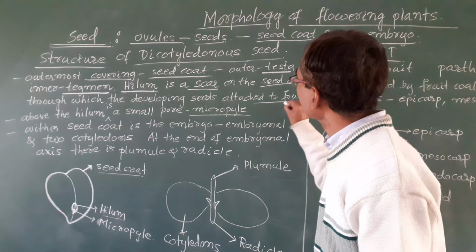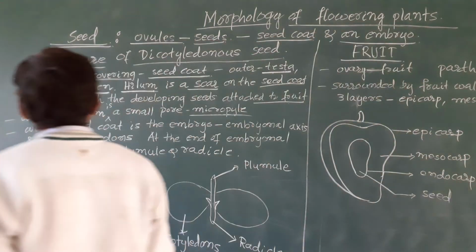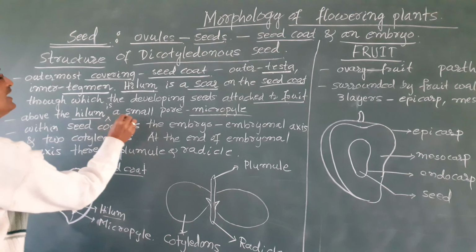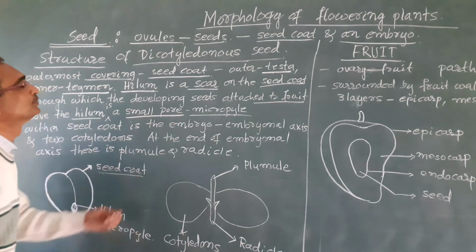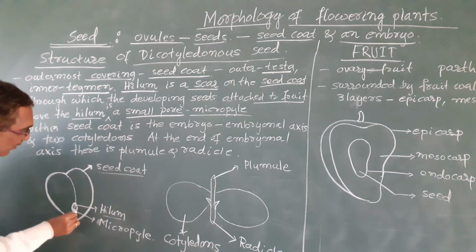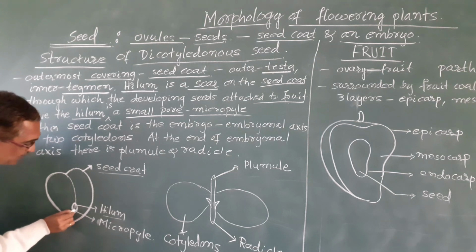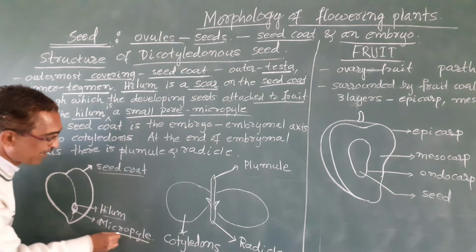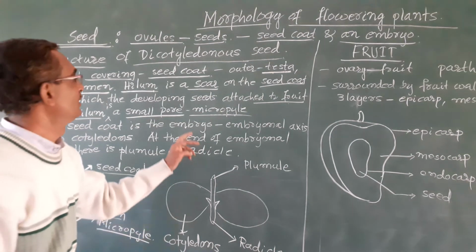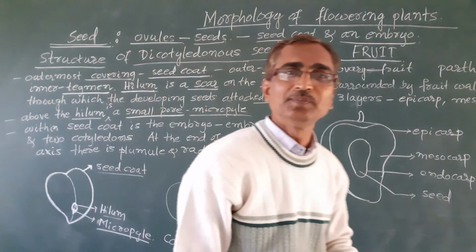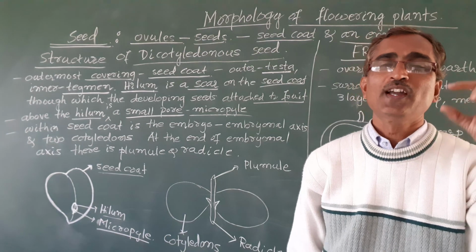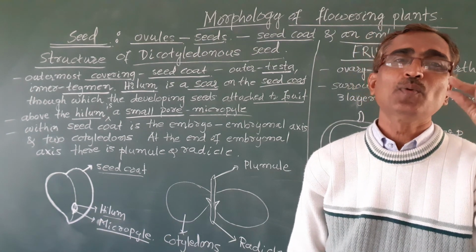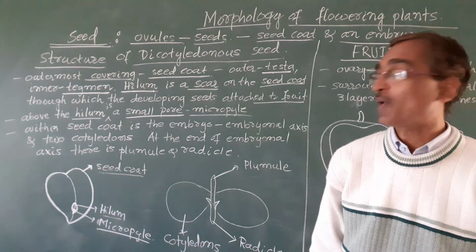Above the hilum there is a small pore. Pore means hole. Above this hilum there is a small hole, and that small hole is called the micropyle.